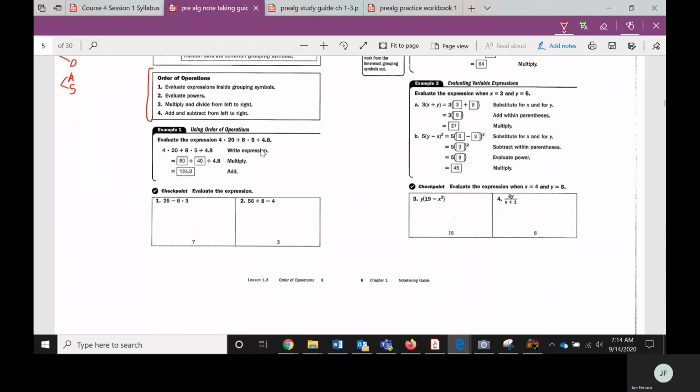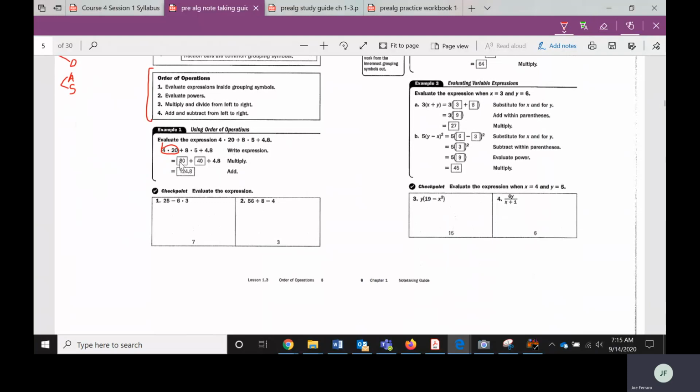And there's not. Then we look, any powers? There is not. So then we look for any multiplication and division. There's a couple of them. So they do the first multiplication, 4 times 20 is 80.